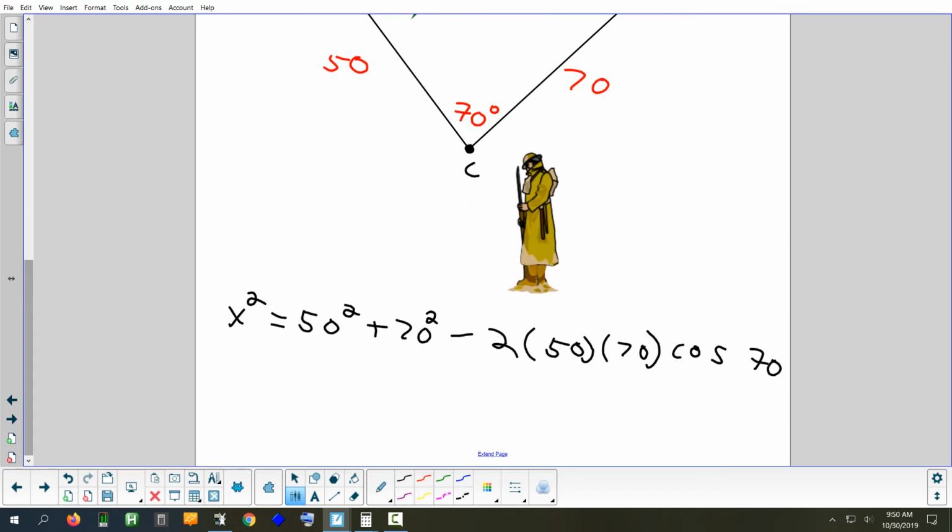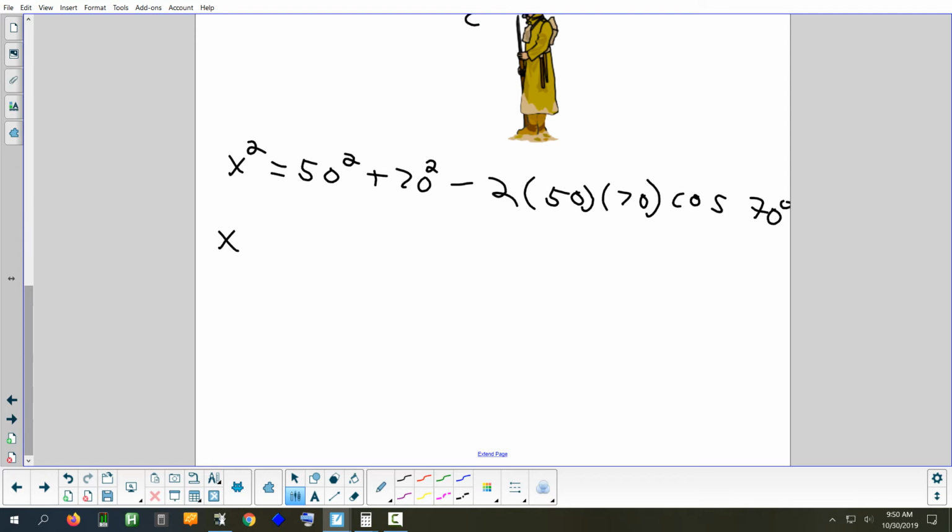Now, this is more like the first type. The letter is pretty much already by itself. So we're just going to simplify all the arithmetic on the right using PEMDAS. You do not have to move anything left to right here. All right, let's do it. What is 50 squared? 2,500.